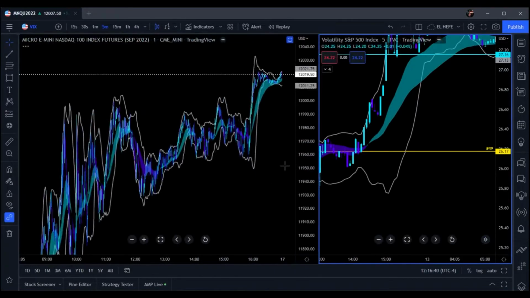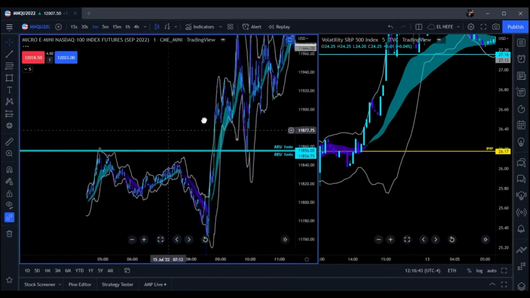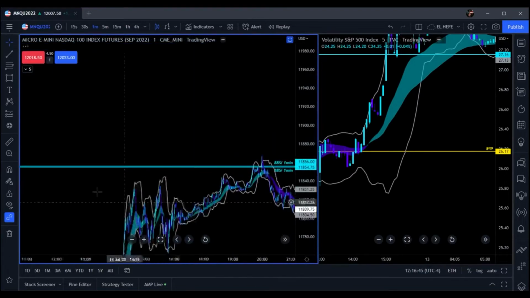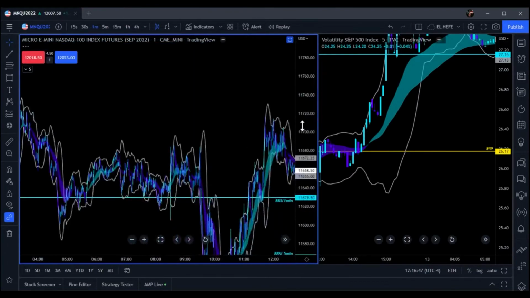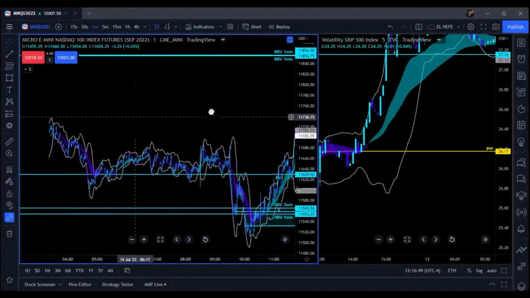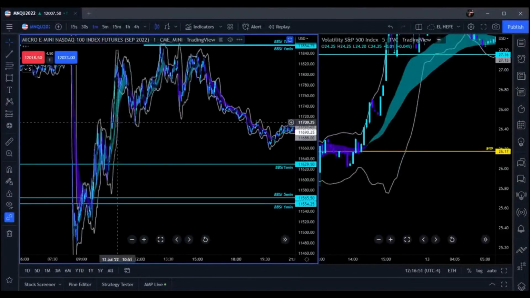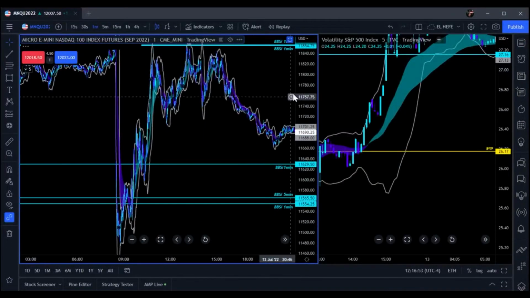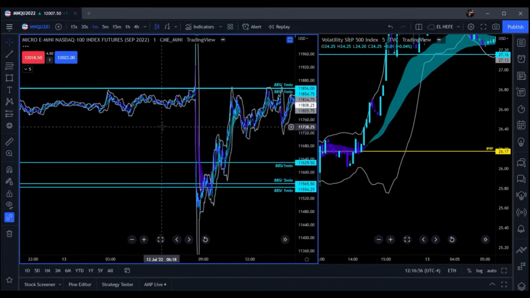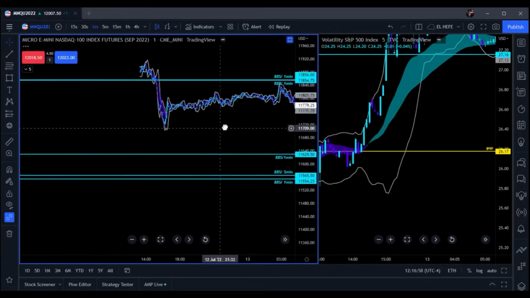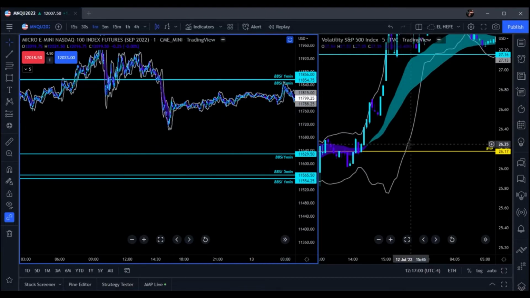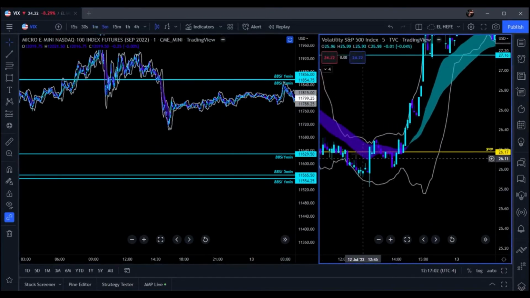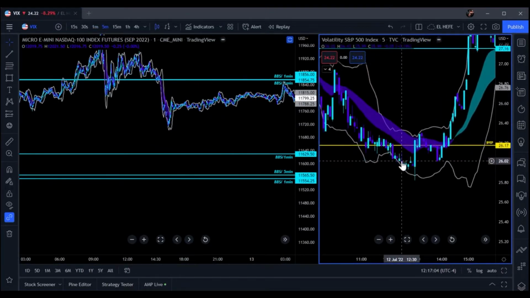Let me go to the 12th. Okay, so we broke down below the level. We come back up in there and we retested.